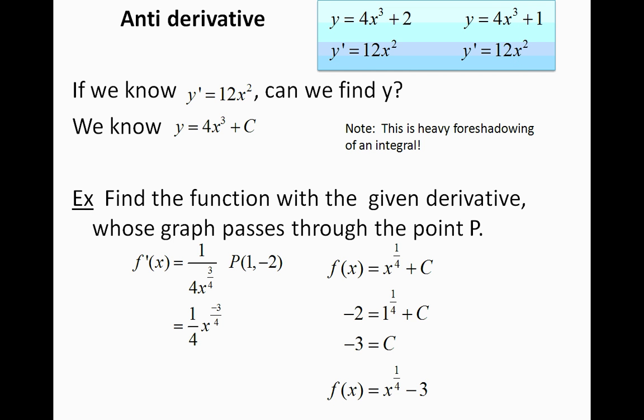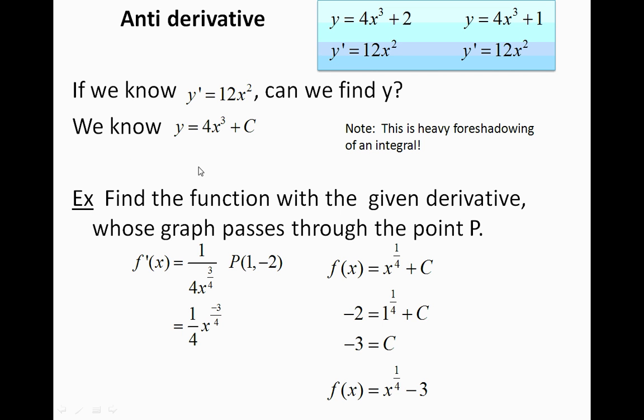Okay, so if we're trying to work toward integration, ultimately in Chapter 5, then we have to be able to look at the derivative's equation and say what the original function is. We're just going backwards when we integrate or find the antiderivative. So if we know that the derivative is 12x squared, can we find out that y is this equation or this equation?